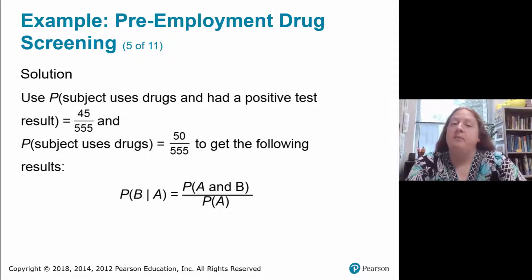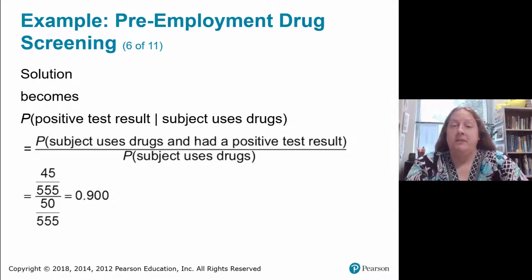And then we're going to divide that by the probability of A. In this case, A is the subject uses drugs. So we're going to find the probability that the subject uses drugs. So of our 555 people, or subjects, we have 50 using drugs. So that probability is 50 divided by 555. So we're going to be dividing 45 divided by 555 divided by the quantity 50 divided by 555. And when we do that, we get 0.900.